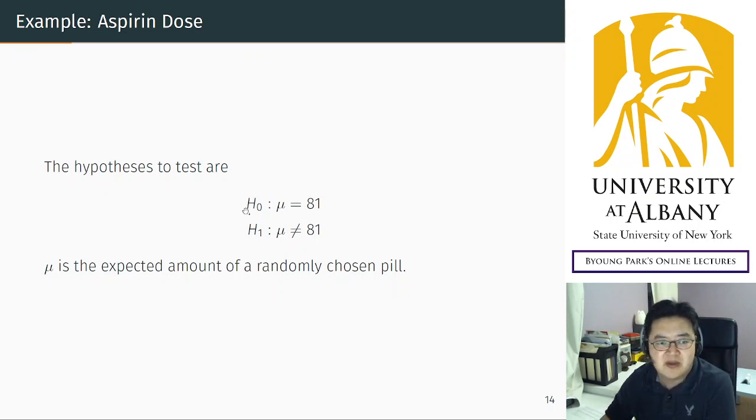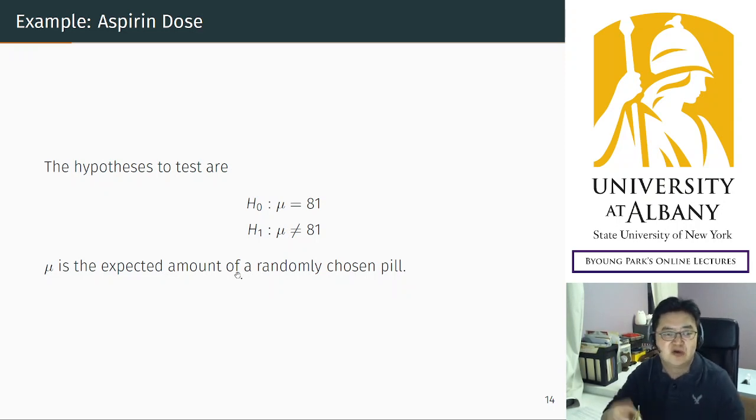So the null hypothesis is the medicine is good in the correct amount, so 81 milligram, and the alternative is the negation of that. It's wrong. It's not 81 milligram. Of course, mu stands for the expected amount of aspirin in a randomly chosen pill.